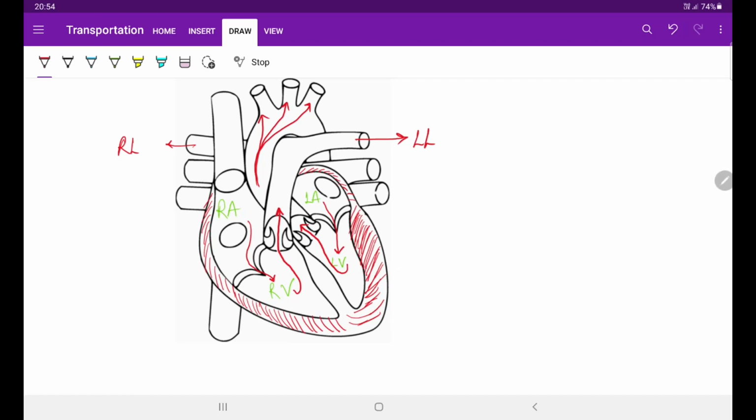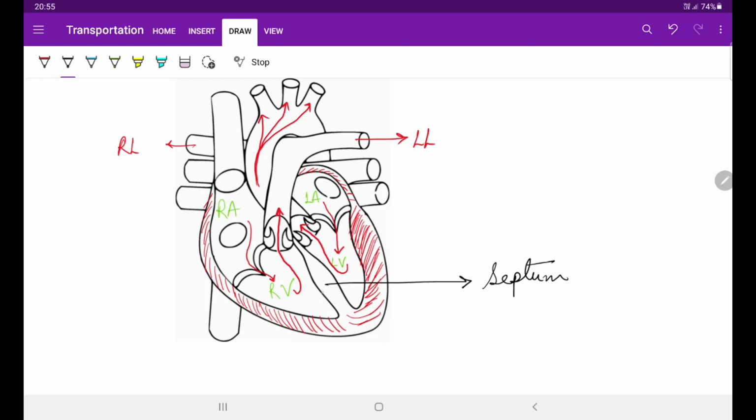Do you remember that I have said that the human heart is four chambered? It means all these four chambers, right atrium, left atrium, right ventricle and left ventricle, are completely separated from each other. These separations are called septum, and the plural is septa.